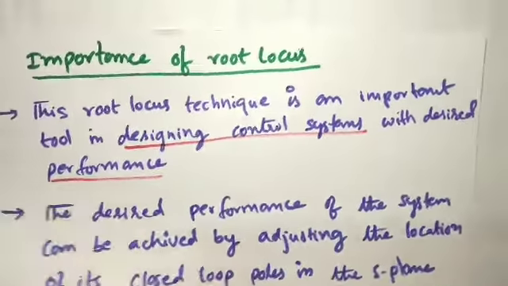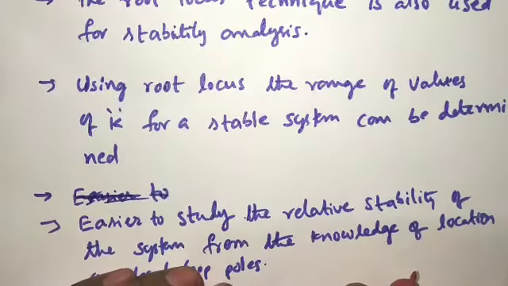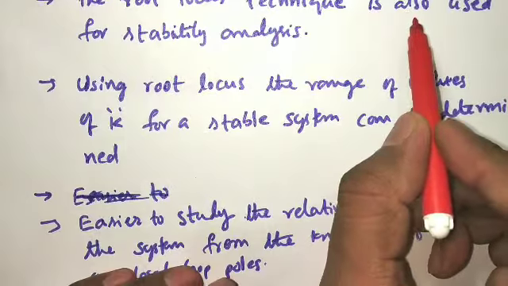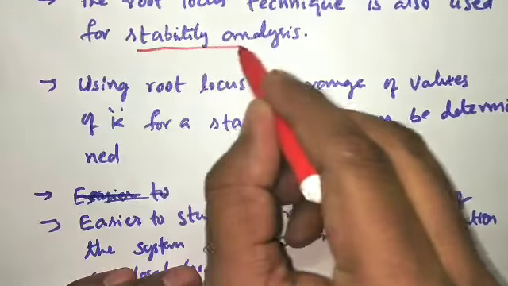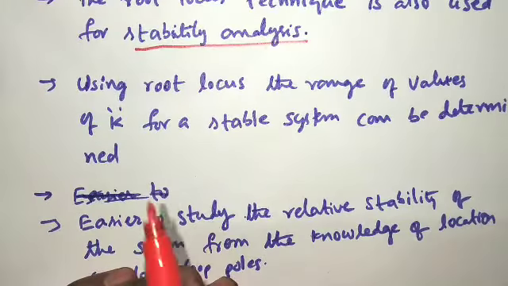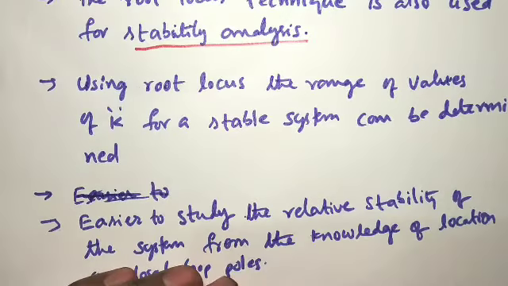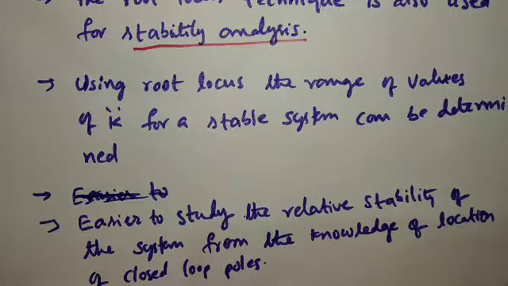The root locus technique is also used for stability analysis. Using a root locus, the range of values of K for a stable system can be determined. It is easier to study the relative stability of the system from the knowledge of closed loop poles.